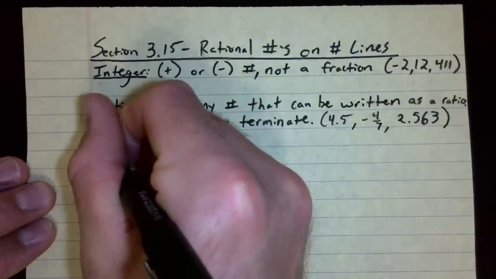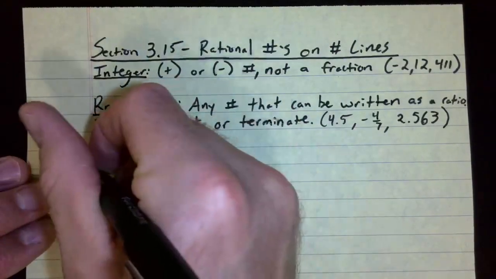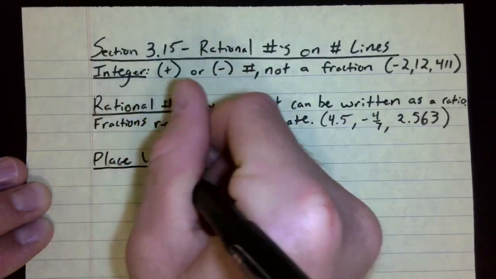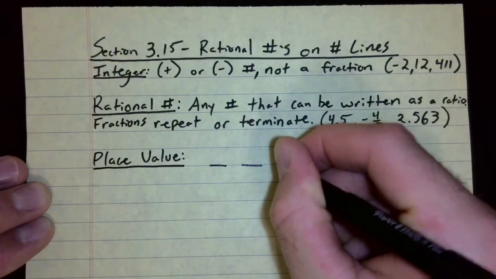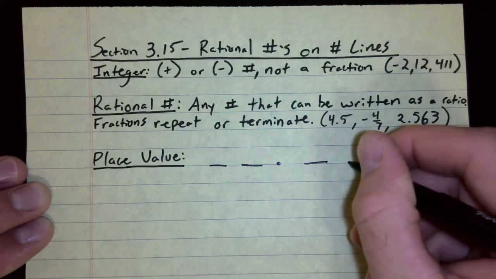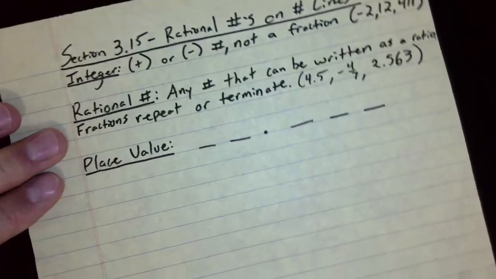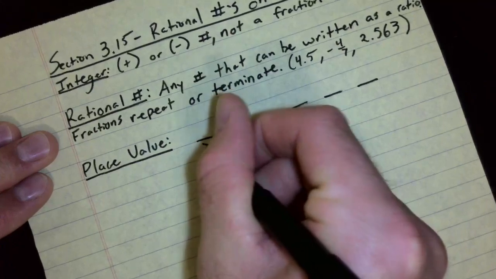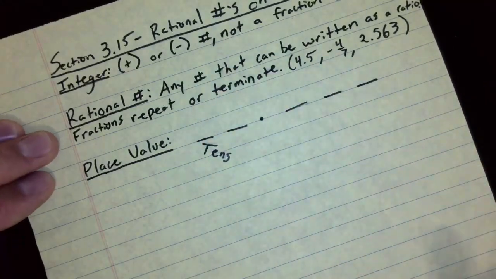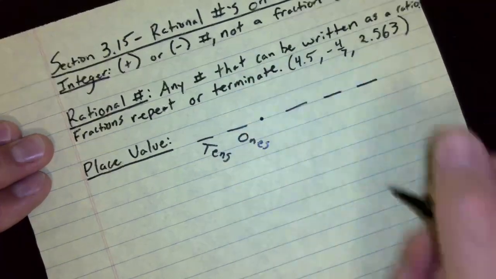Now we also need to know place value when we're looking at rational numbers. So just go ahead and jot down 2 blank lines, a decimal, and then 3 more blank lines. And then just tilt your paper sideways, because this is going to be your tens place value. This will be your ones place value.